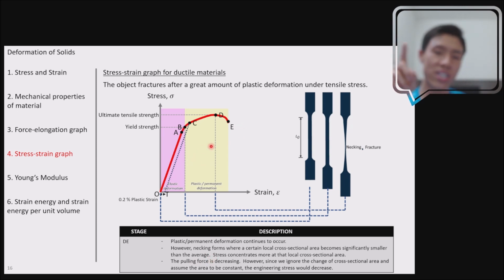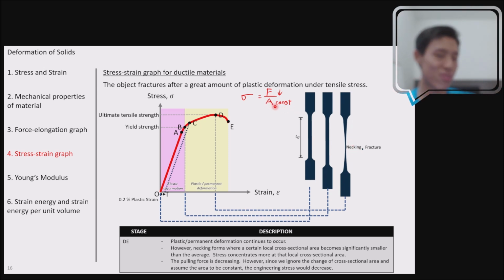And we know that stress is equal to force divided by area. Because the pulling force is decreasing, but we always assume our area to be constant. Again, it's not true. It's just that we are assuming it to be constant just to make the calculation easier. It is actually decreasing. There's necking, a reduction in the cross-sectional area.